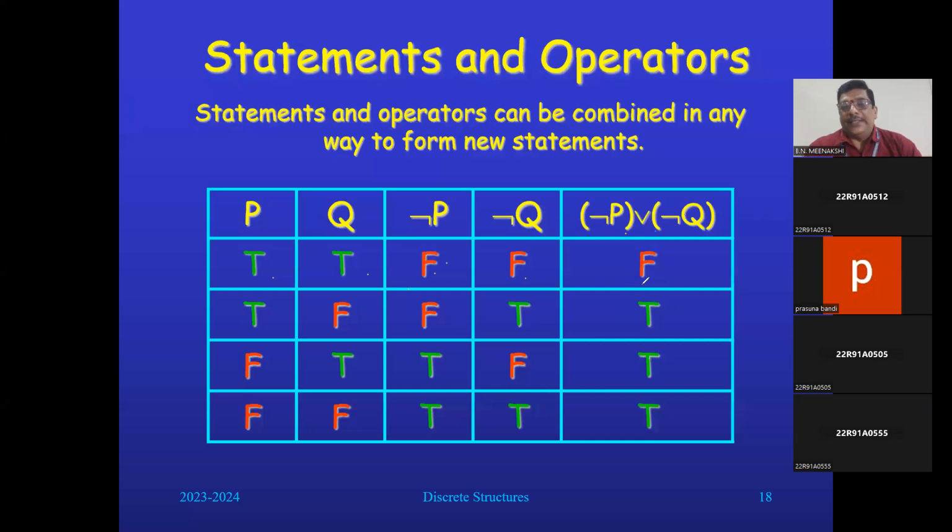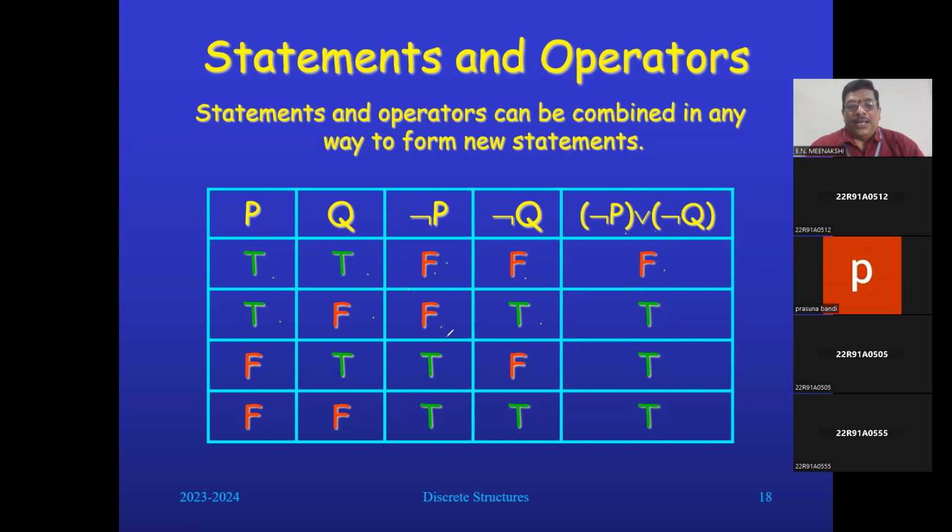In the disjunction, if both are false, the resultant will be false here. Then coming to the second one, P is true, then negation of P is false. Then Q is false, the negation of Q is true. So the negation of P union negation of Q will be true.